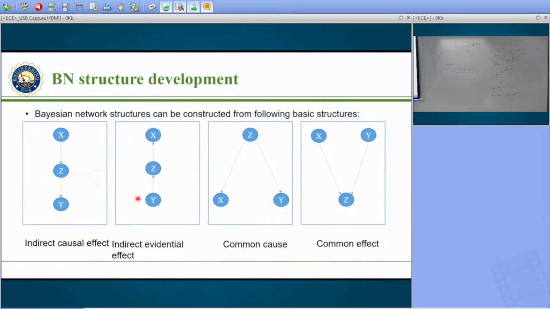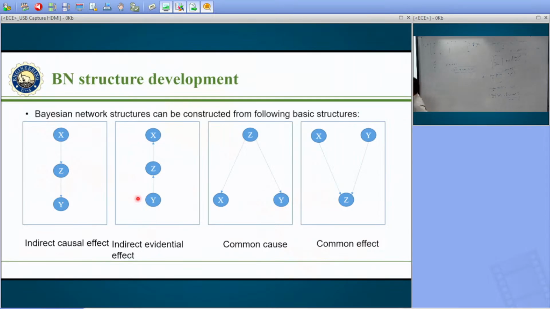X is not required. X is already inherently affecting Z, so Z has the information of X. It's a way of indirect causal effect. Here you also have a common cause, where Z is affecting both X and Y variables.